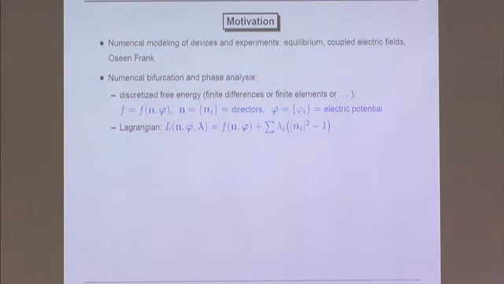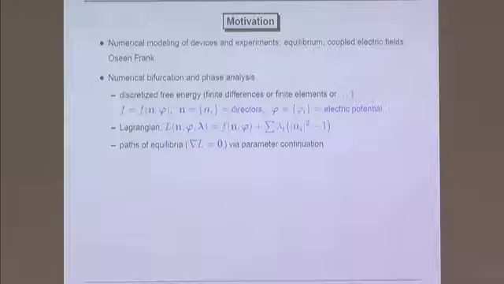And then at each point where there's a director degree of freedom, a Lagrange multiplier is introduced to enforce the unit length constraint. And so the equilibrium equations can be formally put in the setting of critical points or stationary points of a Lagrangian function.